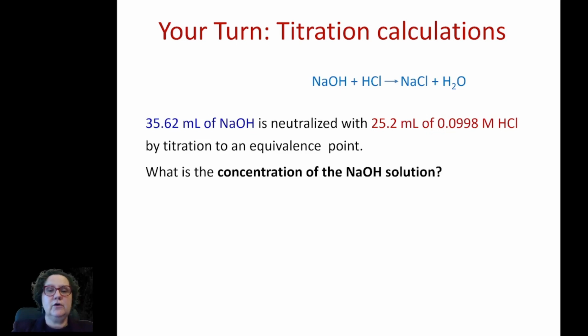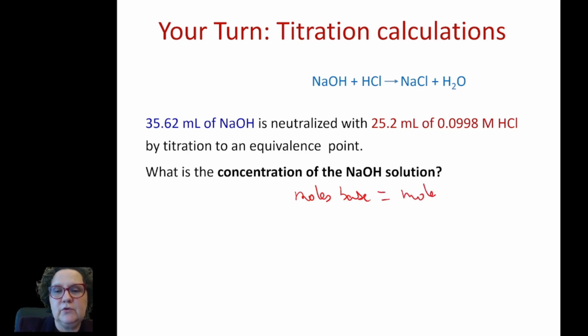Okay, so again, I need the moles of base in the equivalence point are the same as the moles of acid. I know that the moles of base will be the molarity of the base, which is NaOH, times the volume of the NaOH that I have used.